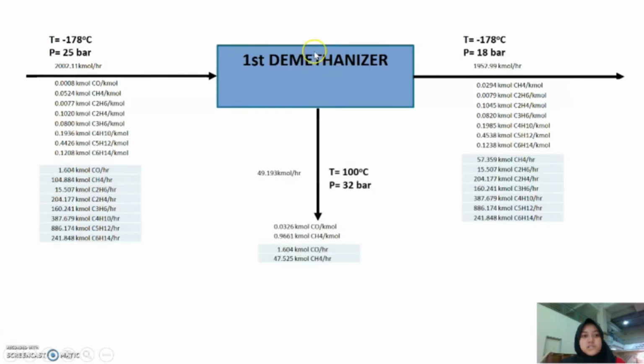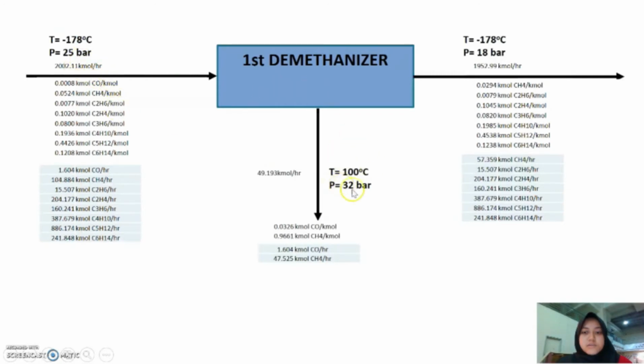For the first demetanizer, we want to remove the carbon monoxide and CH4. In the inlet stream, we have a temperature of negative 178 degrees Celsius and pressure of 25 bar. The molar flow rate is 2002.11 kmol per hour.